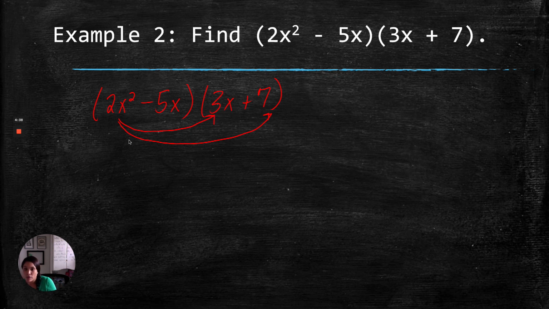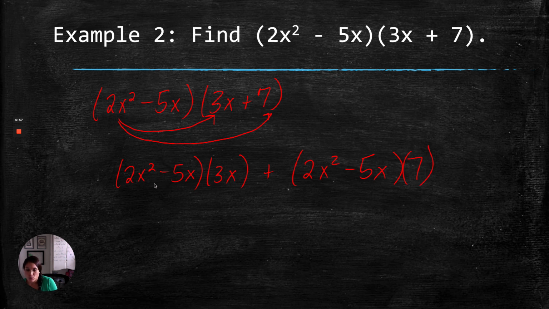So I have 2x squared minus 5x times 3x plus 2x squared minus 5x times 7.